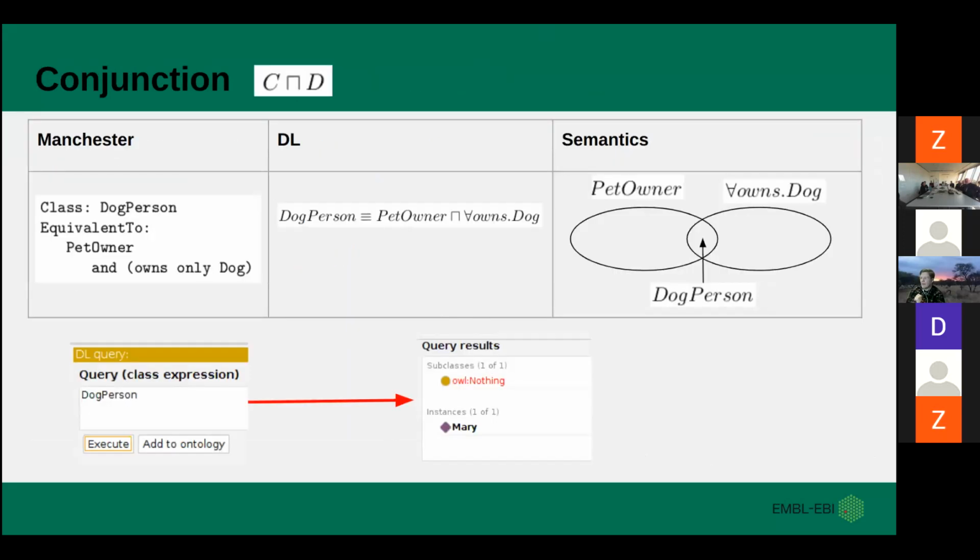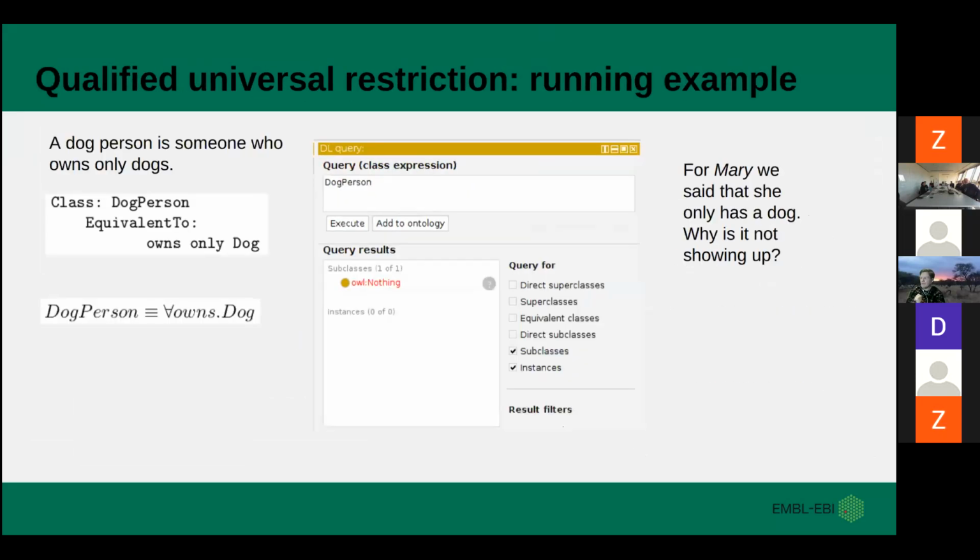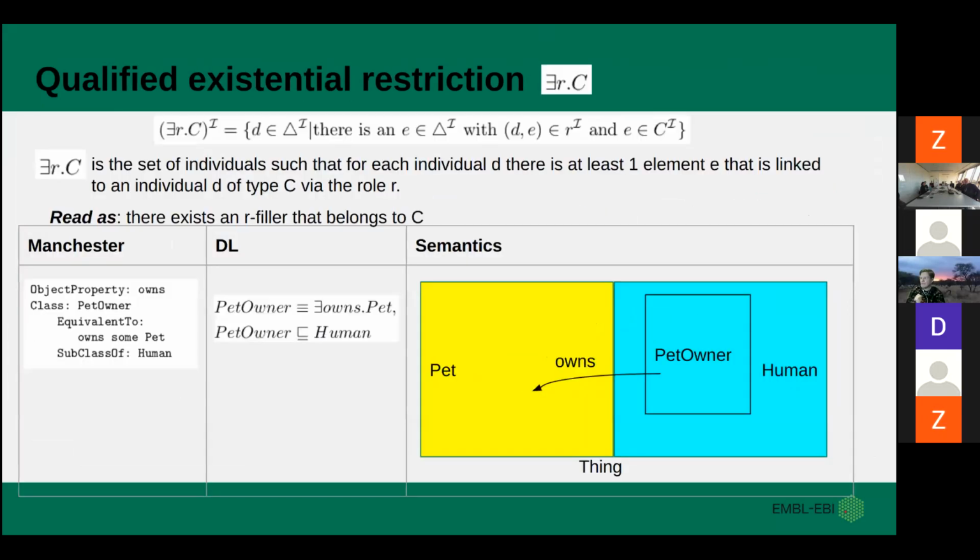Yeah, so it's the choice between making it pet owners. Yes, actually, that's like the previous slide. If you go, yeah, so you chose to make it equivalent to own some pet, subclass of human, rather than equivalent to human and own some pet.